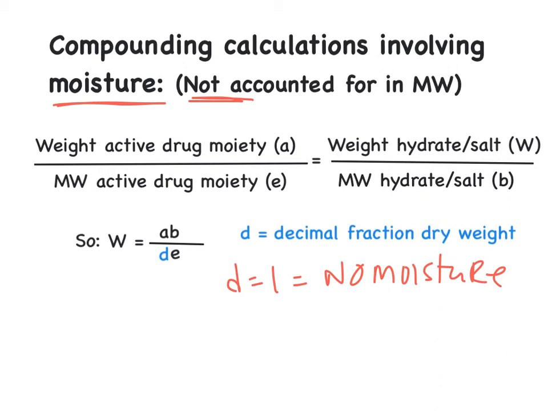So if we had a situation where our product absorbed 2% moisture, we would say 1 minus that 2% gives us a decimal fraction dry weight of 0.98. And so we put that in the denominator of the equation. So let's take a look at some examples using this approach.